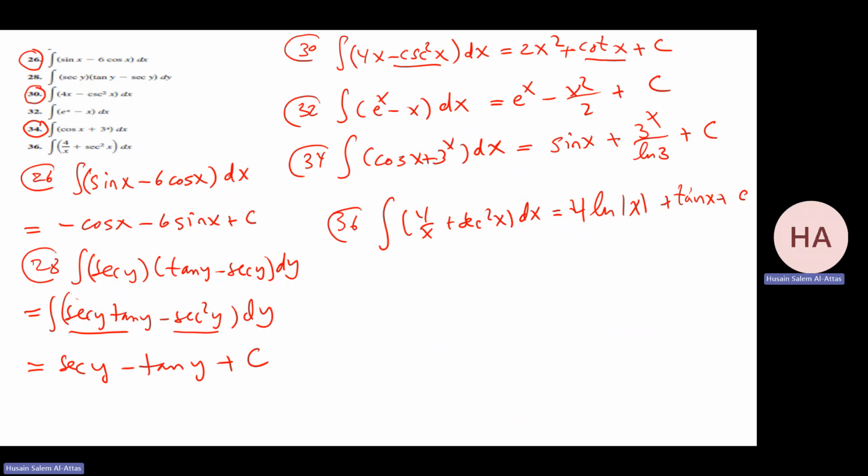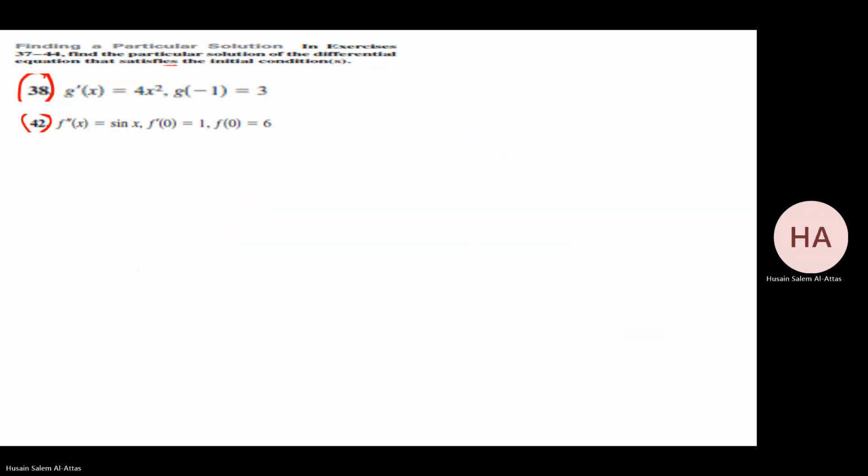Okay, now particular solution. Now I need to use these conditions to find the solution, to find the function. Find the particular solution of the differential equation that satisfies the initial condition. Okay, 38. G of x will be 4x cubed over 3 plus c.